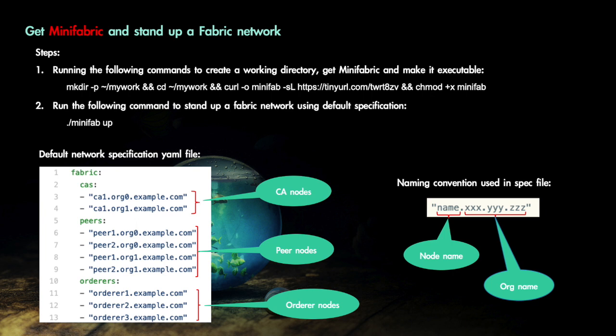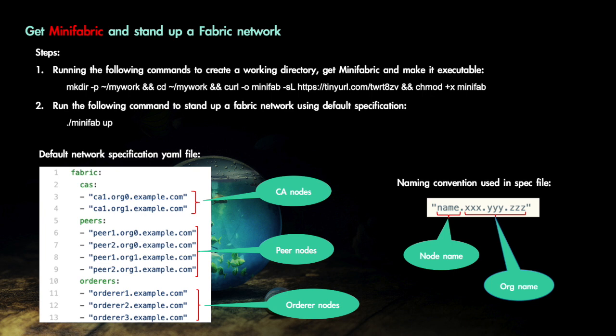This is all done by using the default settings and parameters. If this is the very first time you are doing the second step, it may take a while since Minifabric will pull down few necessary Docker images from a Docker Hub to stand up a Fabric network.